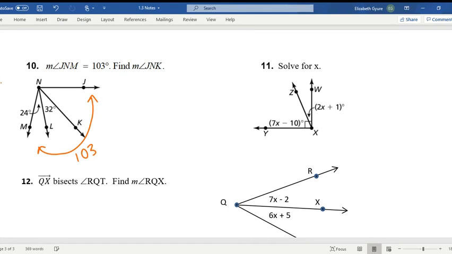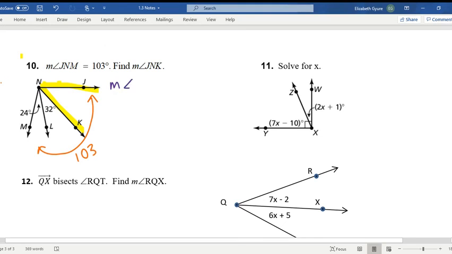And we need to find angle JNK. That's just empty one there. We're given that angle MNL is 24 and angle LNK is 32. So again, we know some of the parts, we know the whole, we're missing the other part. So this one we're going to subtract.